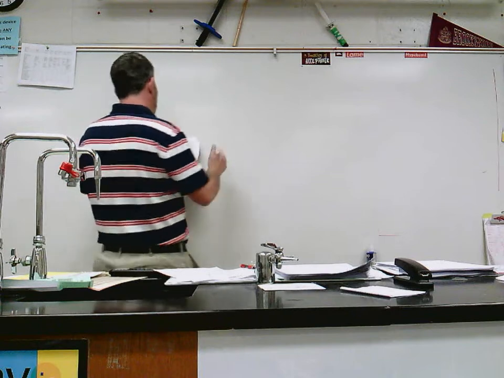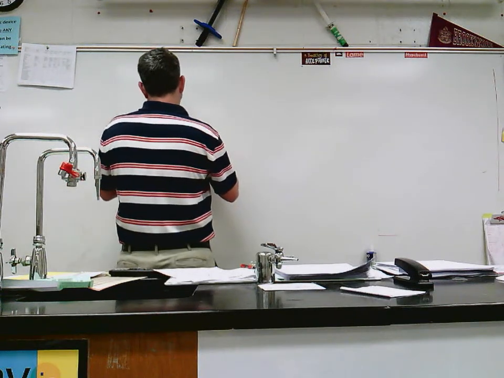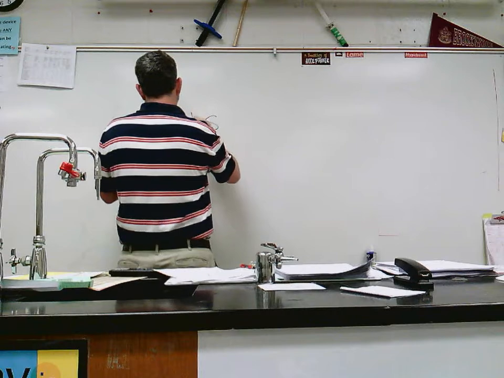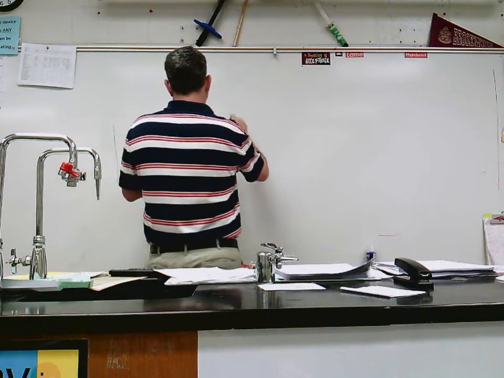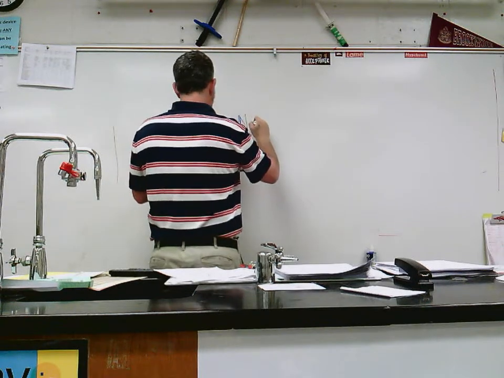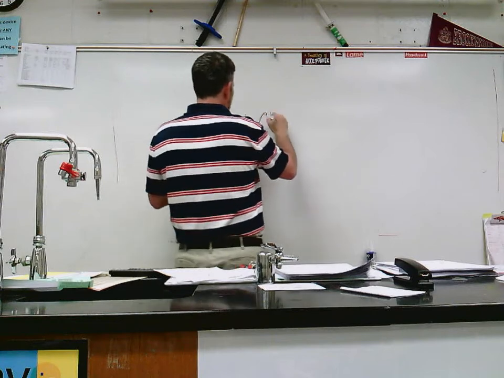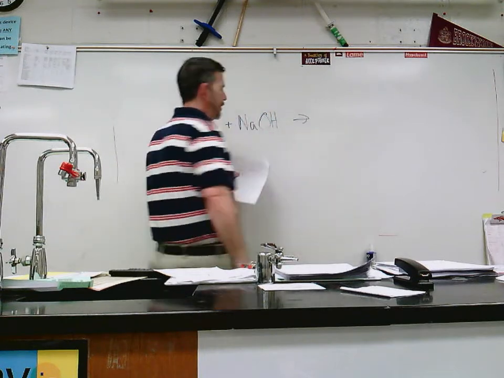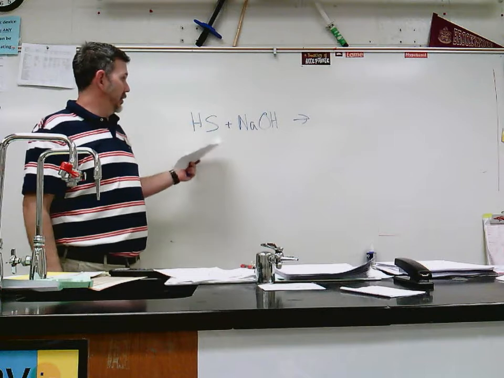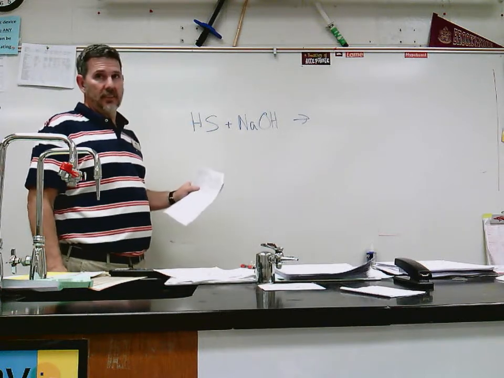Okay. What are the products of hydrosulfuric acid reacting with sodium hydroxide? So hydrosulfuric acid, I have HS plus NaOH. Well, it's a neutralization reaction. It's an acid and a base.